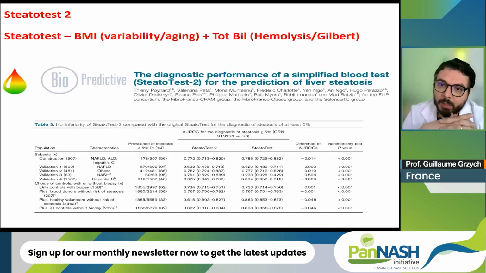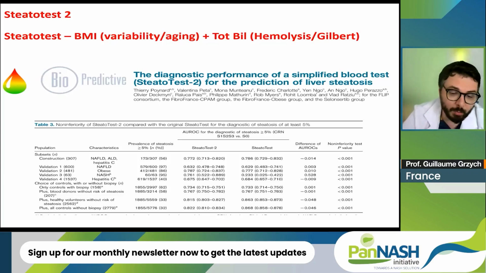The company BioPredictive also has another combination called the SteatoTest 2. Is it the SteatoTest 1 less two items? They remove the BMI because the BMI can have some variability. For example, with people of more advanced age, it's a variation that is very complicated to interpret. And also total bilirubin.